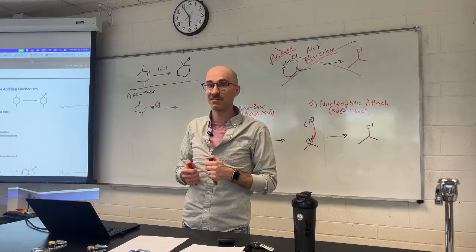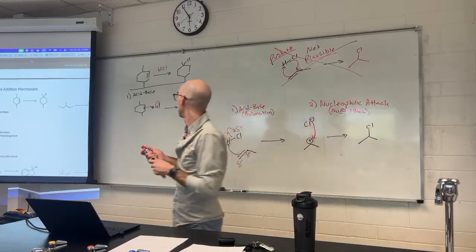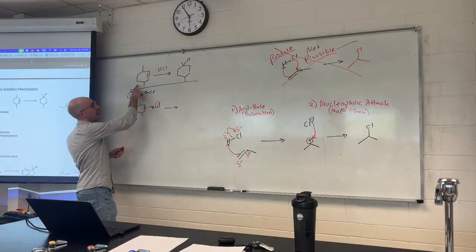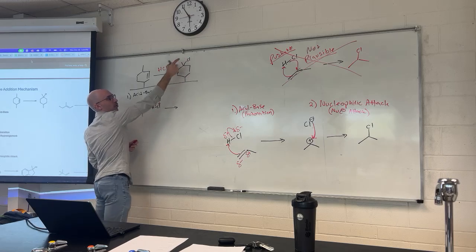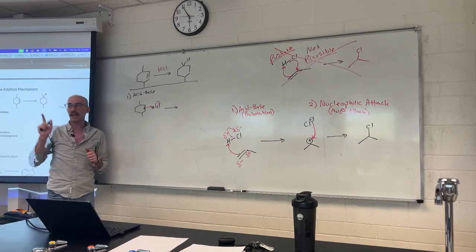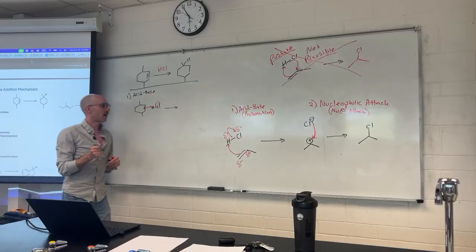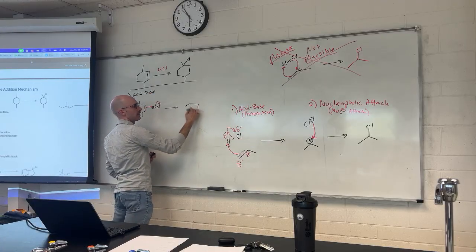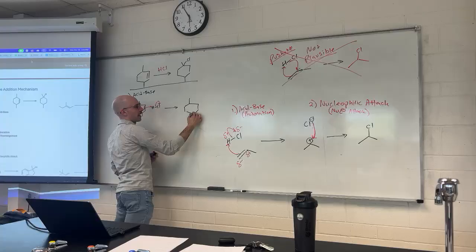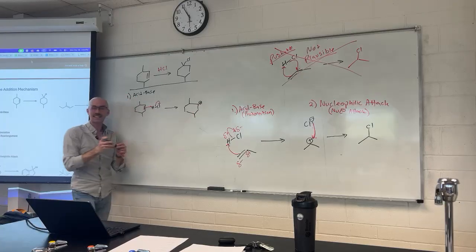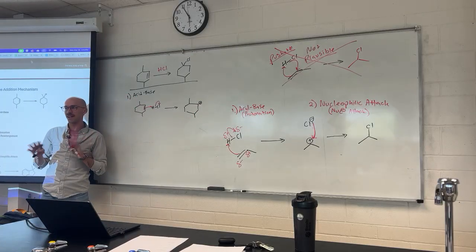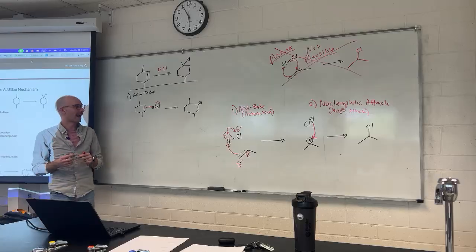It's just down to the statistics of it all. I see the product has the chlorine on the top, and I know the chlorine comes in at the nucleophilic attack, so I'm going to leave the carbocation closer to the top, but it's symmetric, and for this reaction, it doesn't matter what happens.